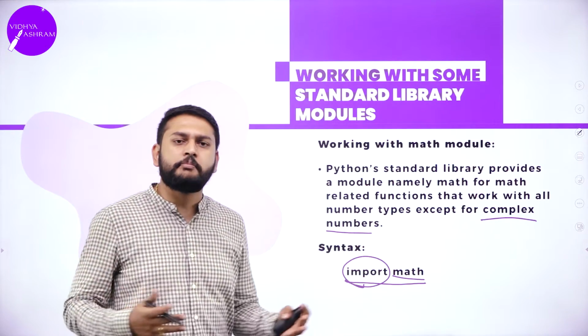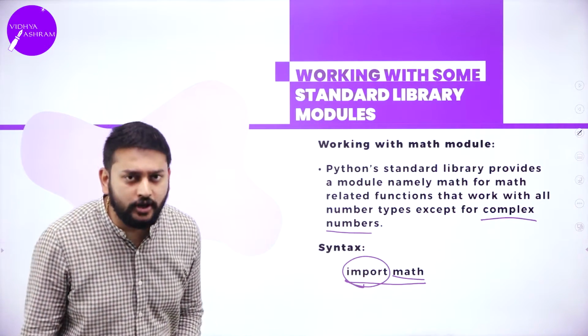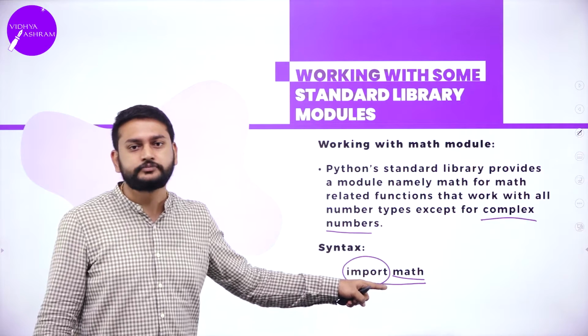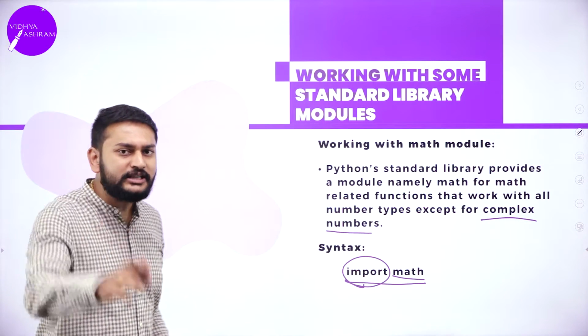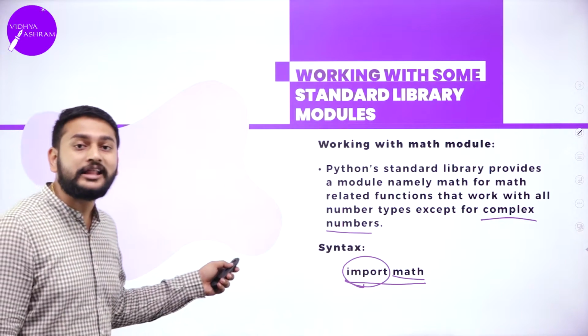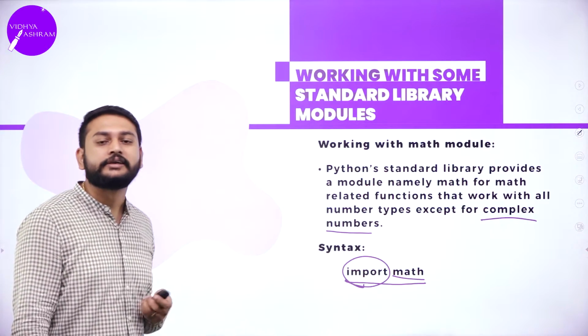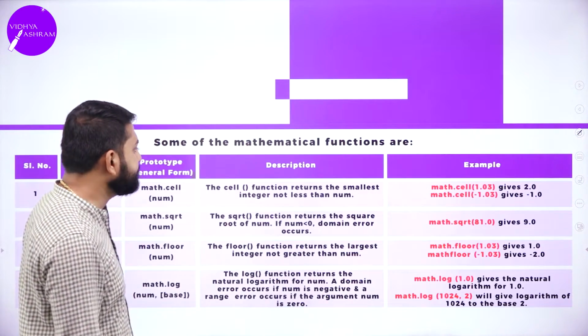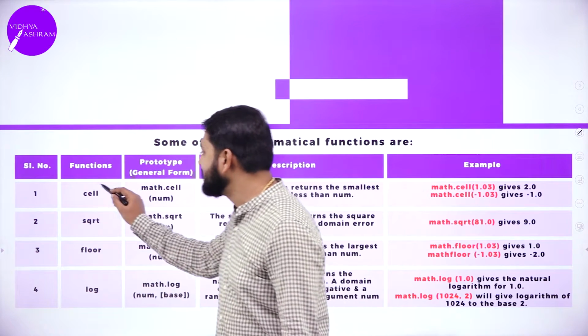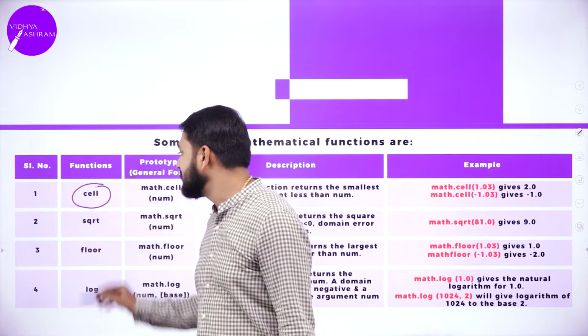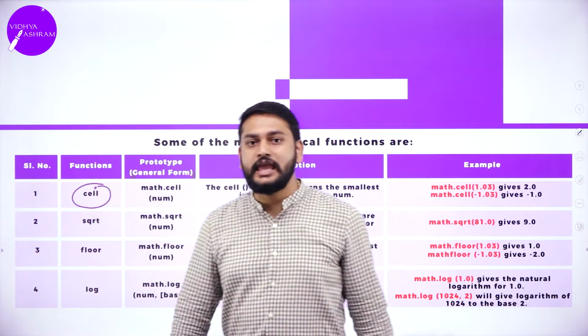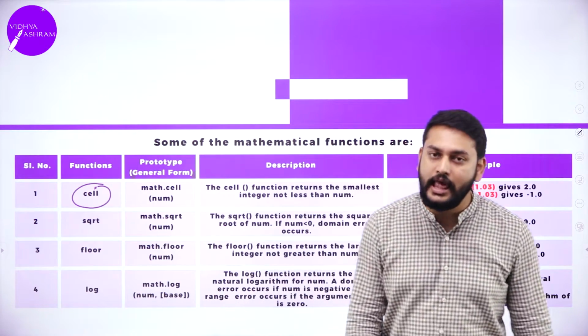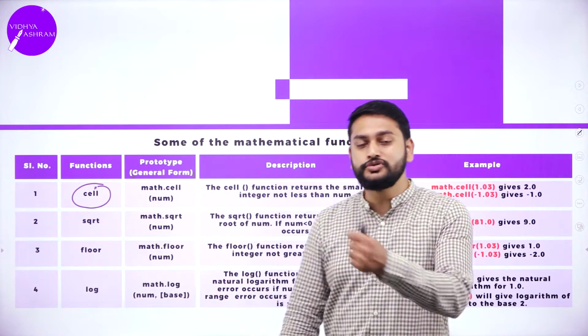How many math functions do I have, sir, if I use this math module? Let me discuss some of the important mathematical functions in it. I have something called ceil, C-E-I-L. Why do we use this function?